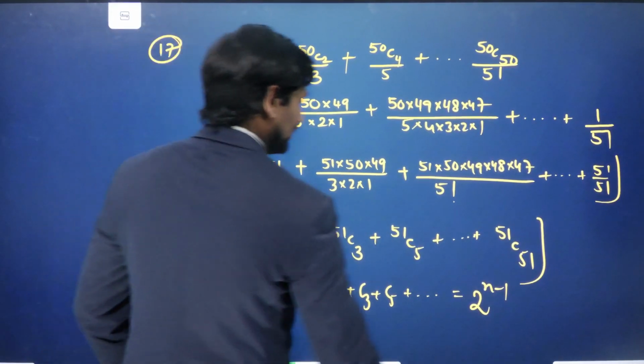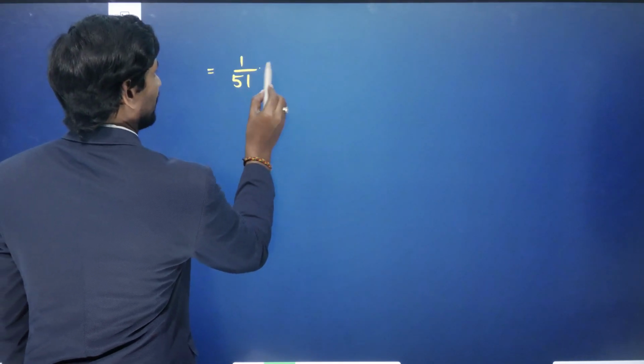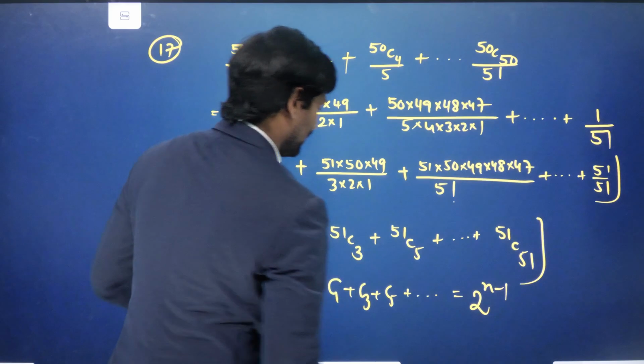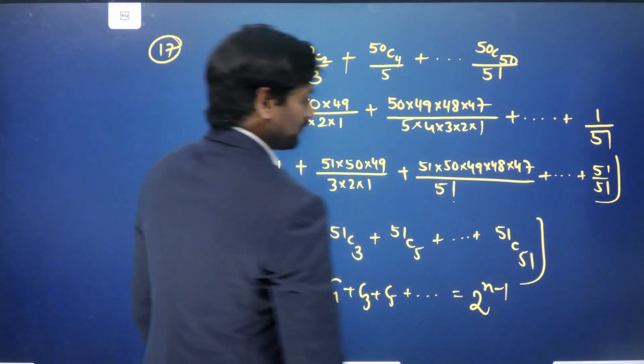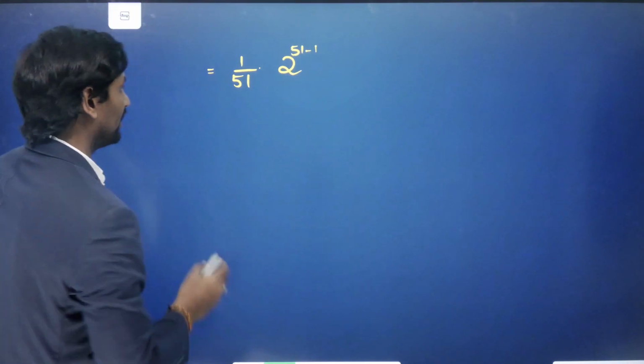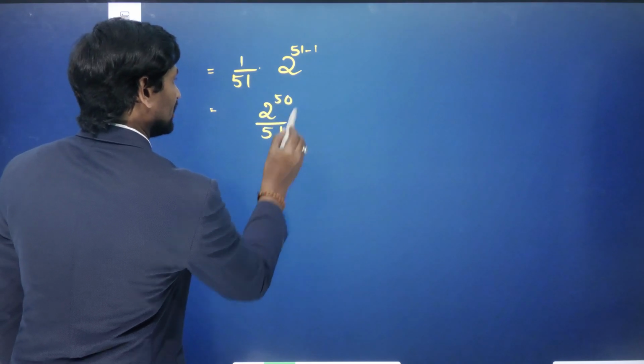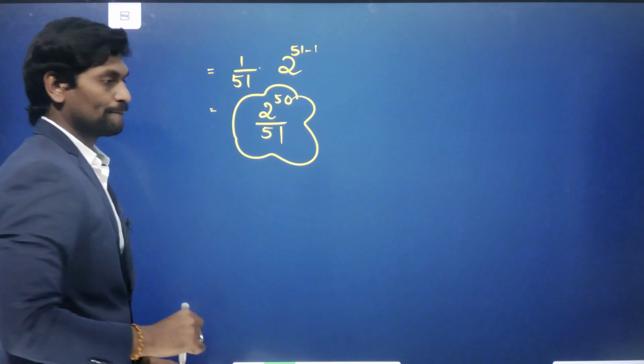So here also we are writing 2 to the power of n minus 1, with 1 by 51 as it is. Here n is nothing but 51. 51 minus 1 is nothing but 50. That is equals to 2 power 50 by 51. This is our required answer.